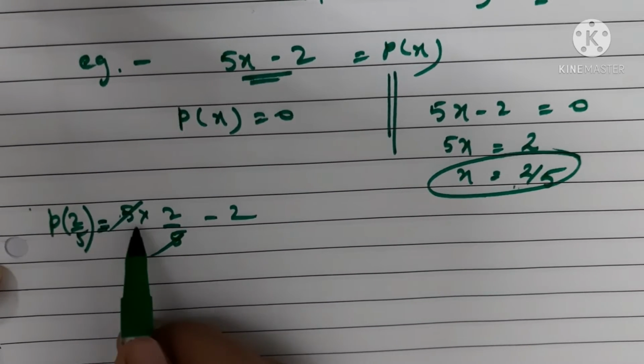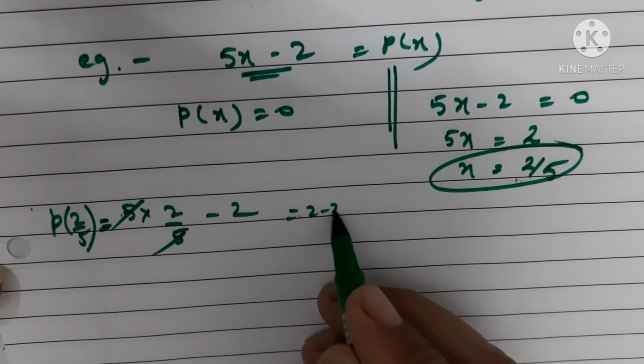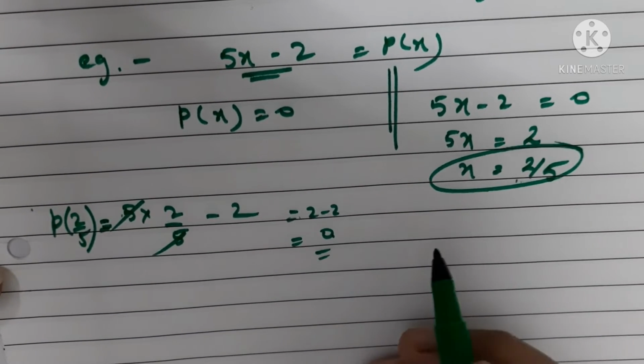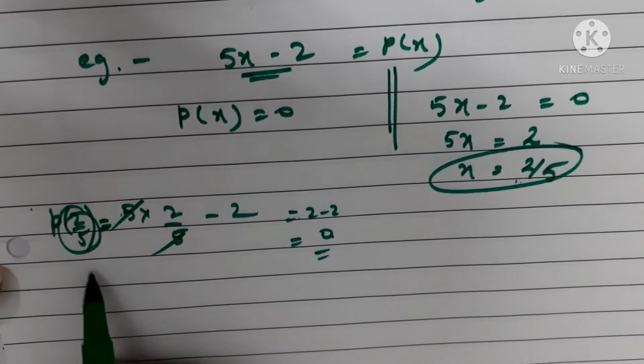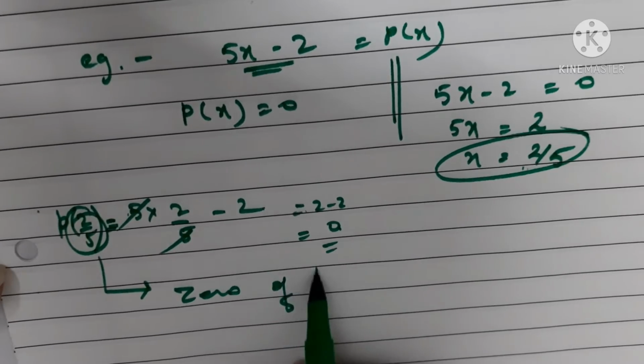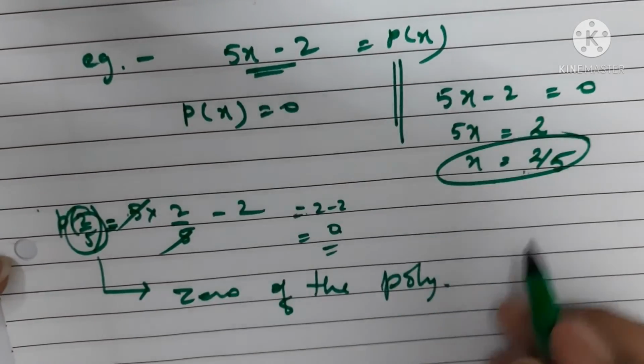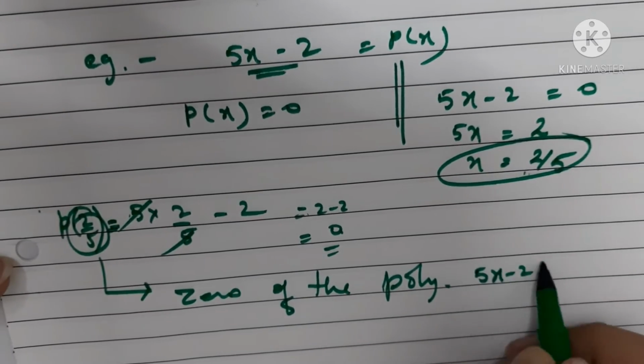What you are getting? 5 into 2 upon 5 minus 2, this cancels out. You are getting 2 minus 2, which is equal to 0. It shows that this number is the 0 of this linear polynomial, the polynomial 5x minus 2.